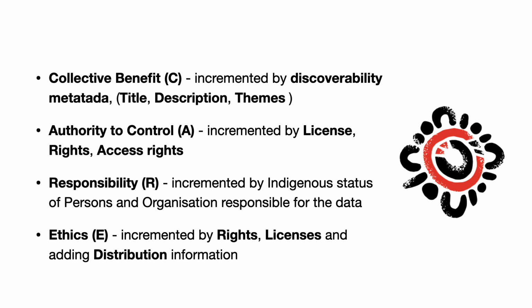And the E is for ethics. Indigenous people's rights and well-being should be the primary concern at all stages of the data life cycle and across the data ecosystems. Ensuring that your metadata is discoverable and searchable will increment this score, as well as adding rights information.